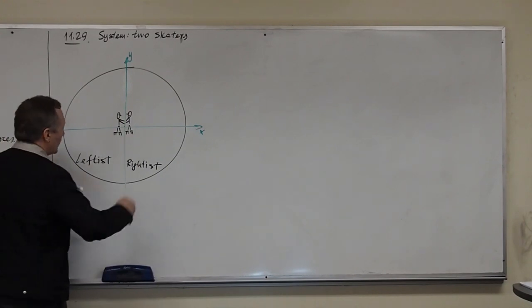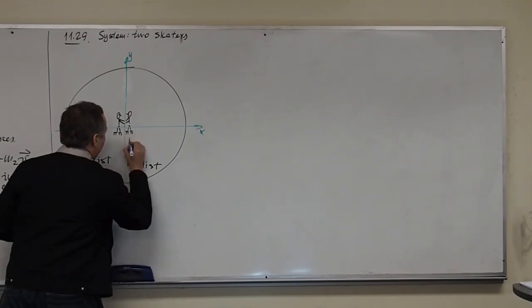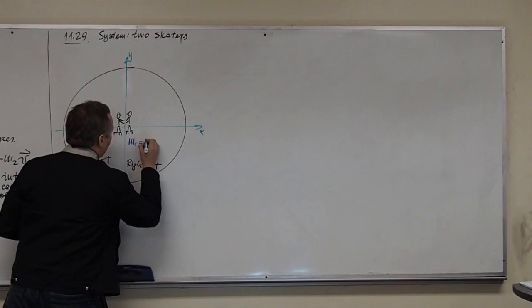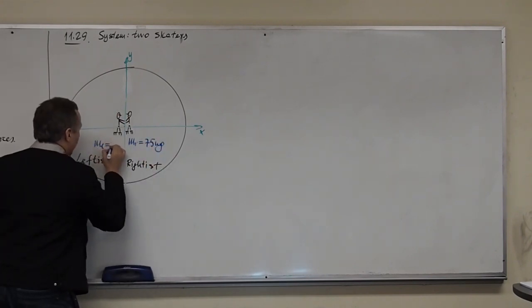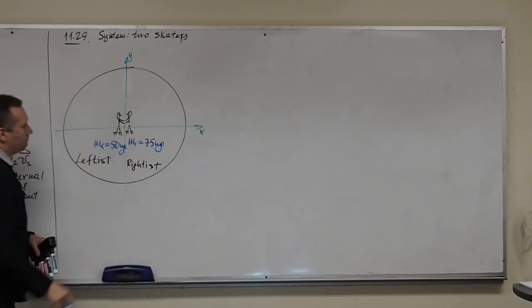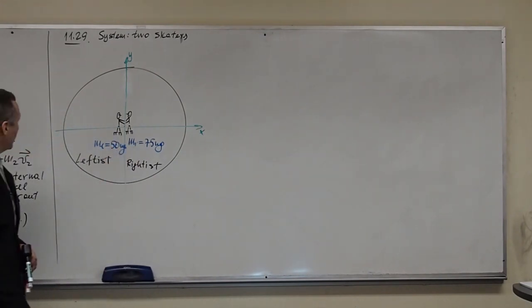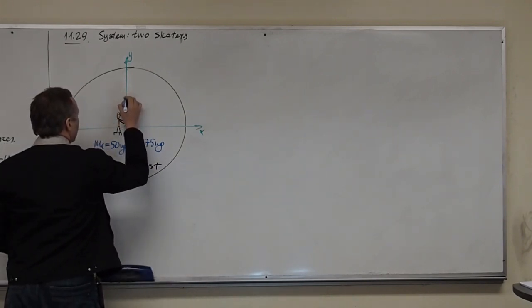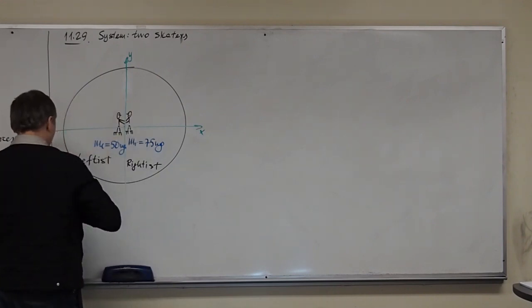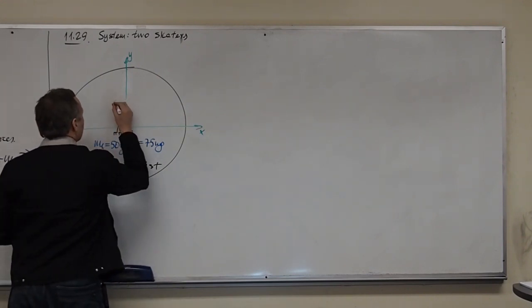Let me give you some numbers. The mass of the rightist person is, I think, 75 kilograms. The mass of the left person, 50 kilograms. Then, of course, their initial velocity is 0. Let me draw the velocities in red because it's important.